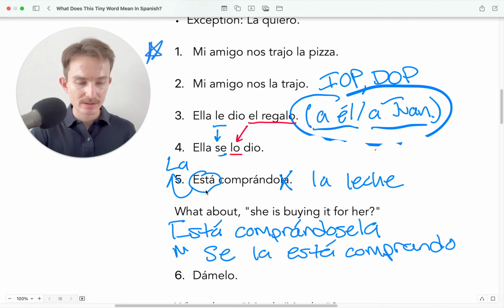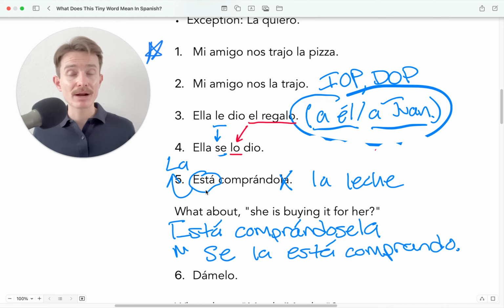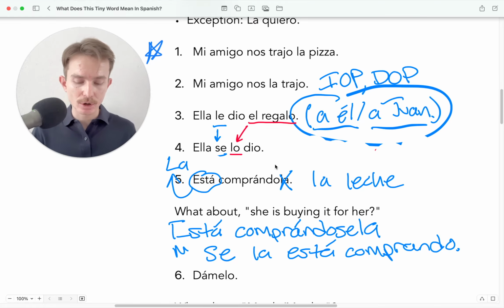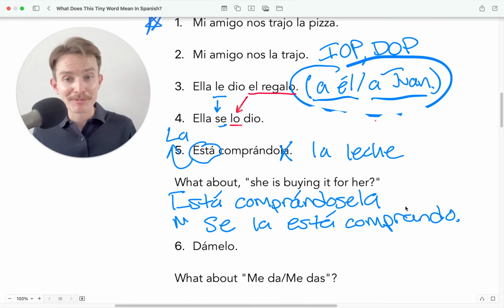Still learning this setup. So we can do se la está comprando or está comprándosela. Both work. Now, remember, the golden rule is that the object pronouns can always go before the first conjugated verb. So in that case, this would be dio. Okay, so there we go. All right, we're almost done.